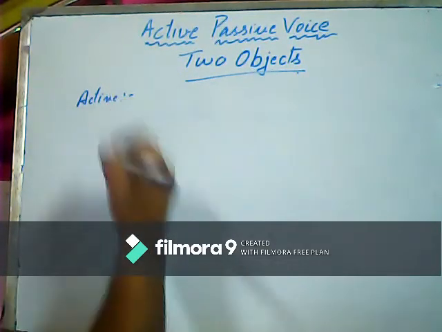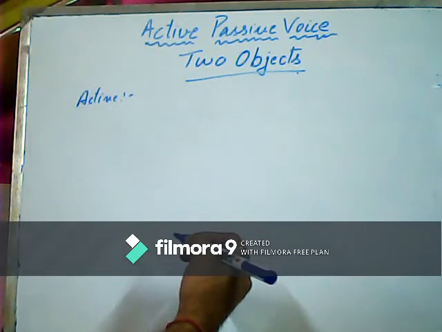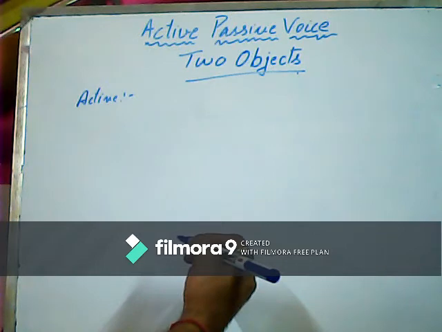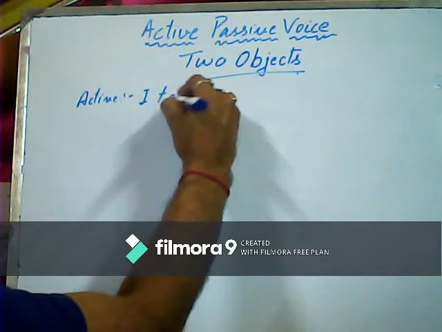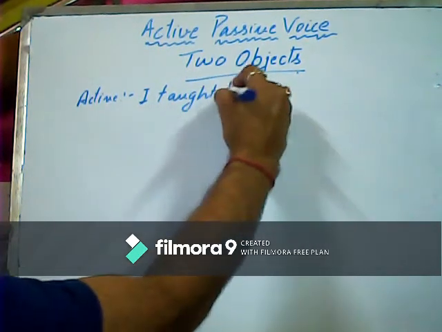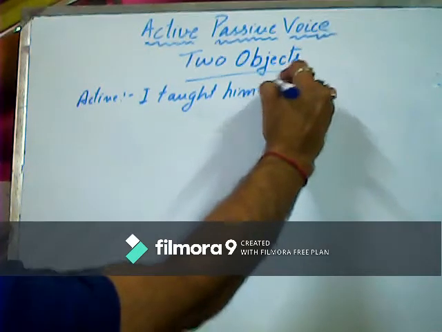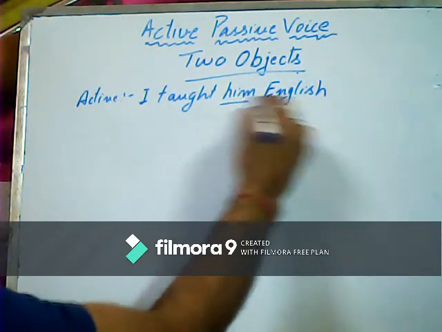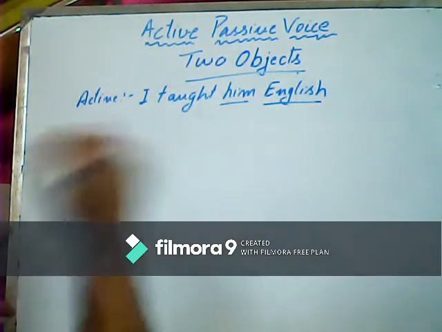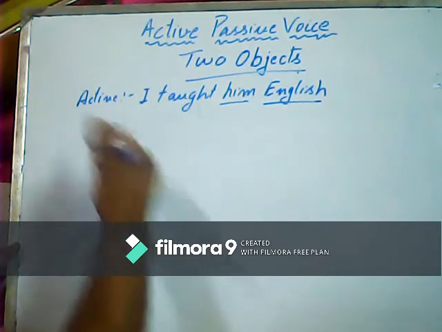For example, in active voice there is a sentence: I taught him English. Now in this case there are two objects, him and English. Now we can make any of the objects the subject while making passive.